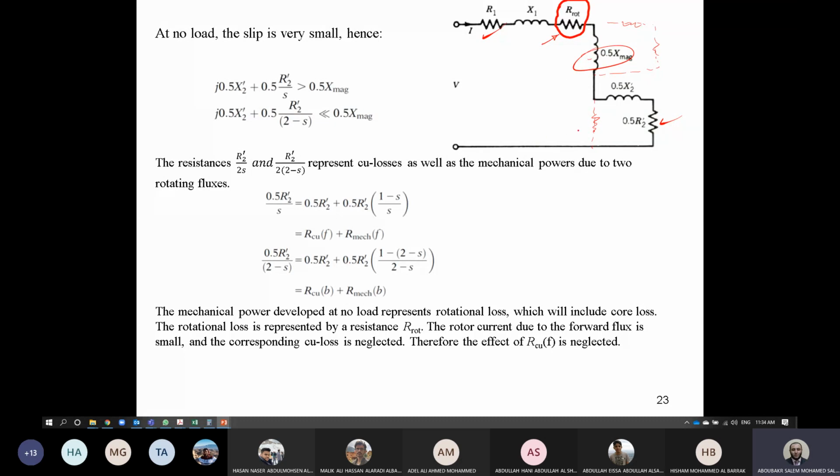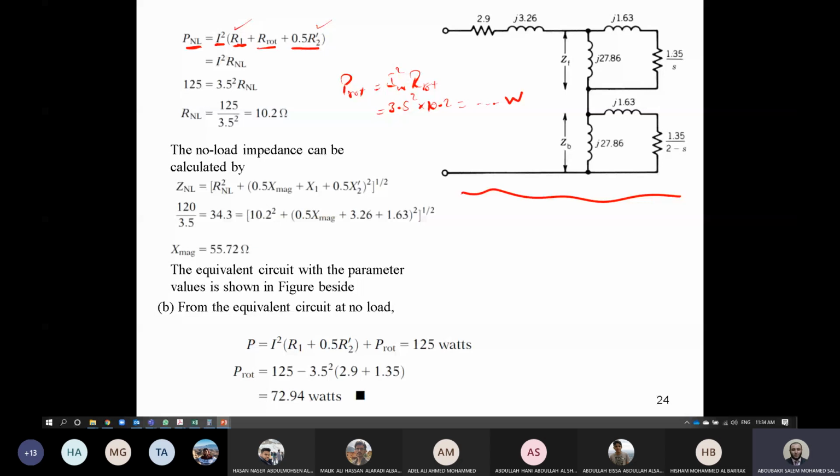So we would like now to obtain the value of X mag. Simply, we have impedance, we have volt and current. So we can say now Z no load equals V no load over I no load. And after getting the value of Z, we know the real part of the impedance, so we can obtain the imaginary part, the same as the previous test.